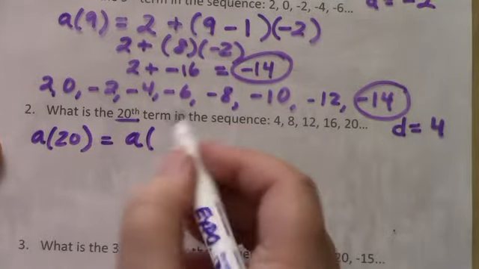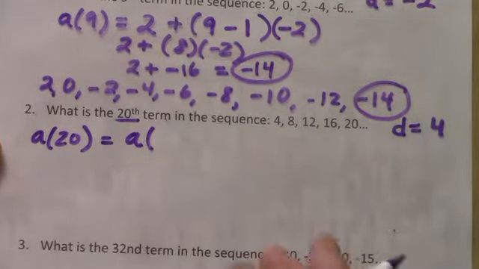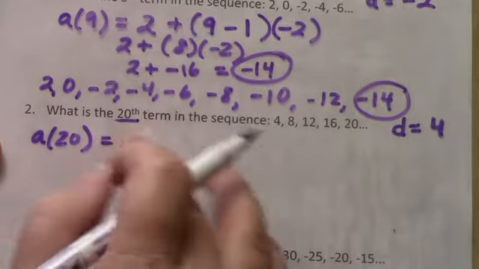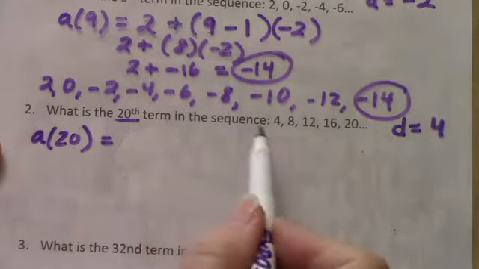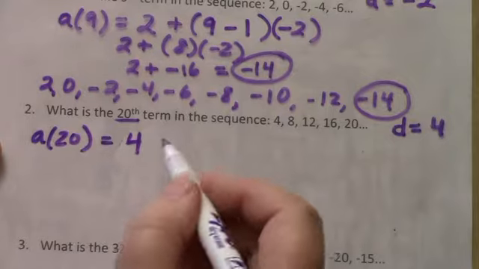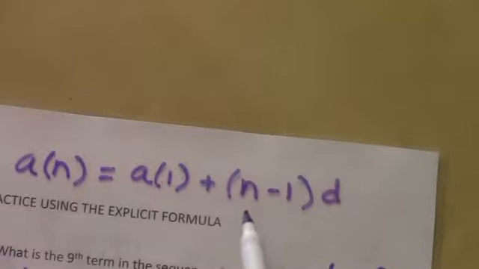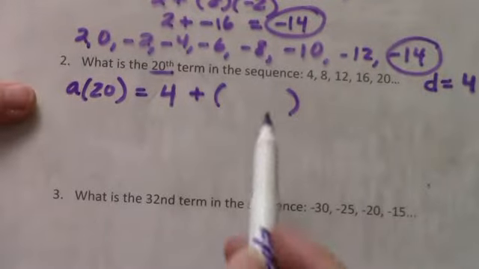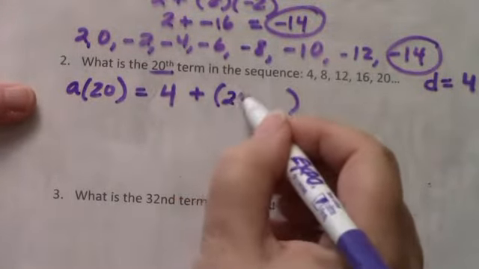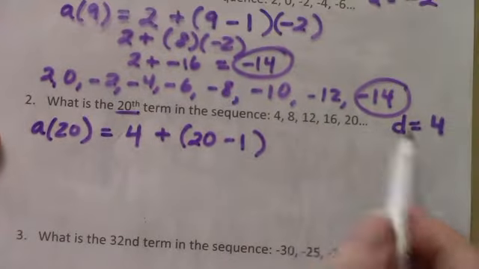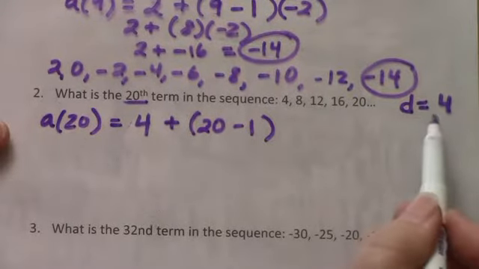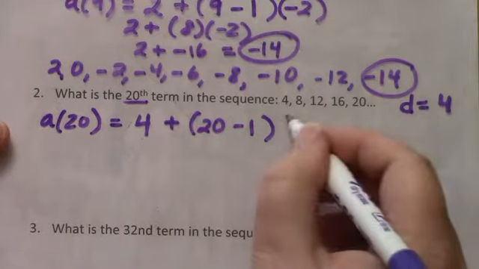It equals our first term. Our first term is 4, and we're going to add that to n minus 1. What's our n in this case? Our n is 20. So it's going to be 20 minus 1 multiplied by the difference. Our difference in this sequence is 4.